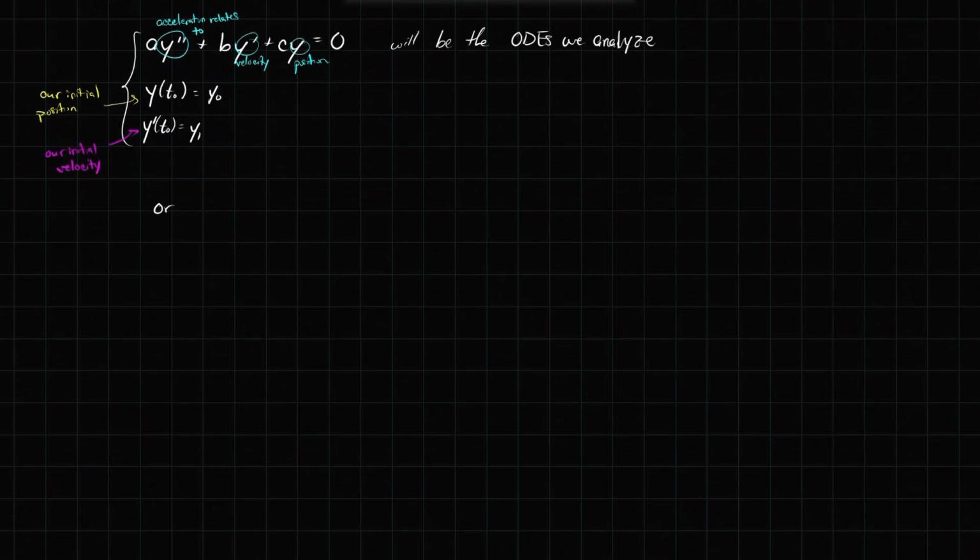This is called an initial value problem, also known as IVP, because the two conditions provided to us are initial conditions.